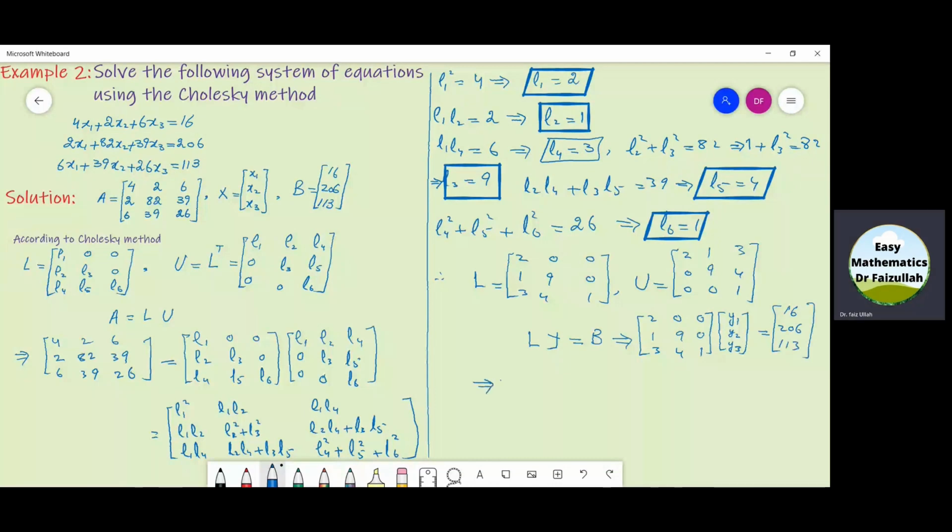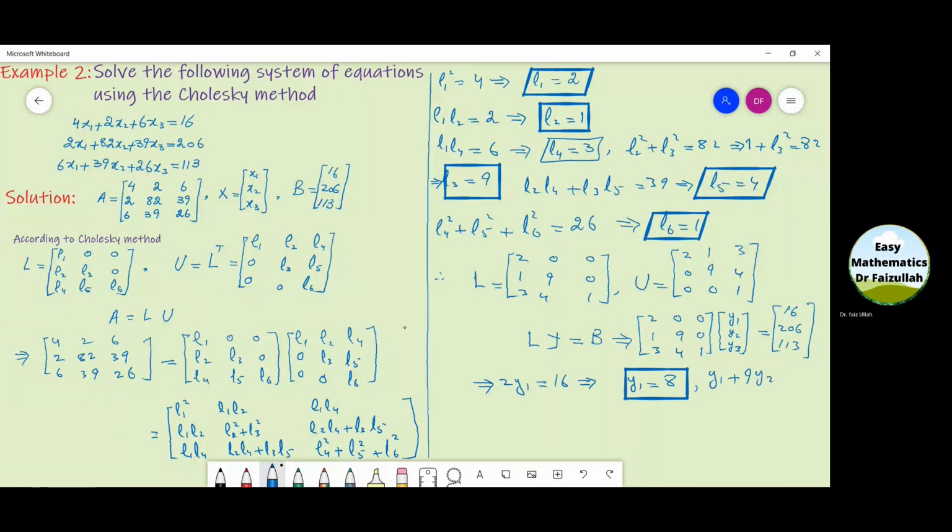So from here we have 2y1 is equal to 16, which gives y1 is equal to 8. From the next one we have y1 plus 9y2 is equal to 206.